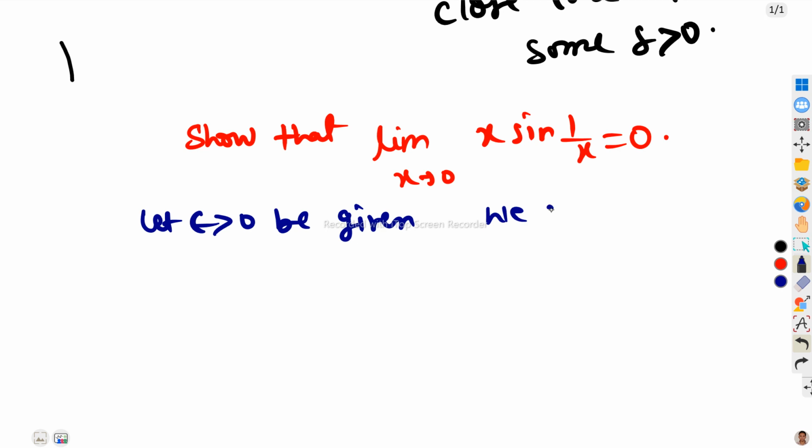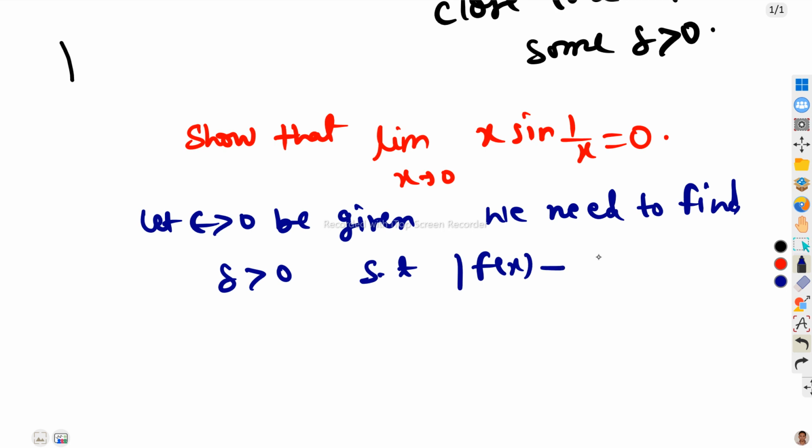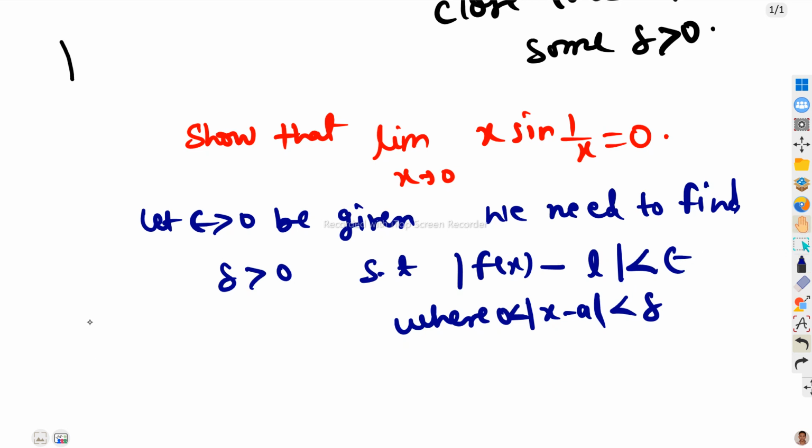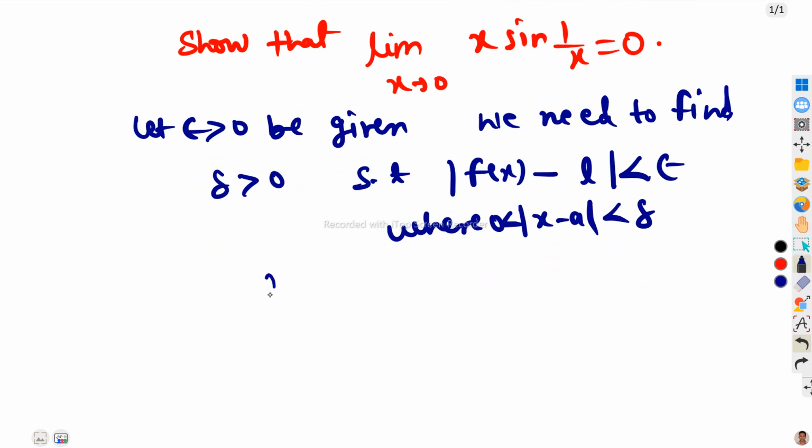We need to find delta greater than 0 such that |f(x) - L| < epsilon whenever |x - a| < delta. And what is a here? a equals 0, f(x) is x sin(1/x), and L equals 0.